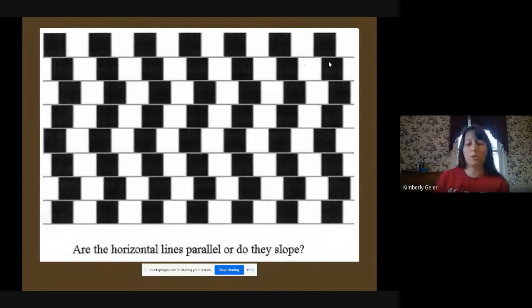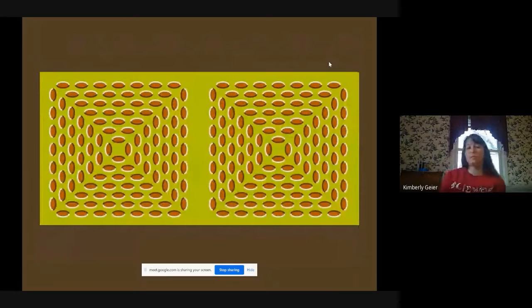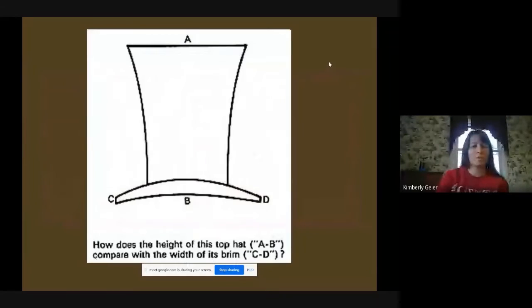They're actually parallel, but it looks like they slope because of their pattern. How about this picture? Is it moving, or is it not? Try focusing in on one particular place on this picture, and it'll stop moving because the picture itself isn't actually moving.